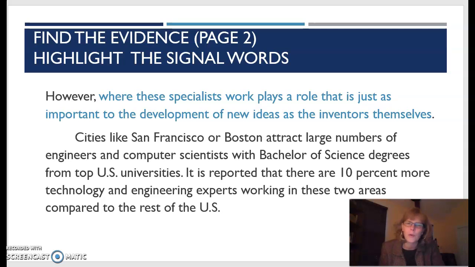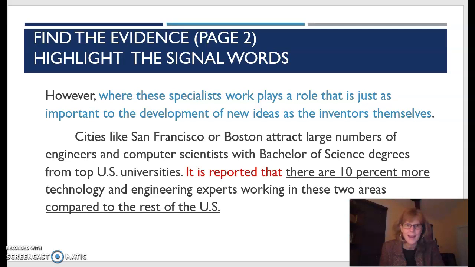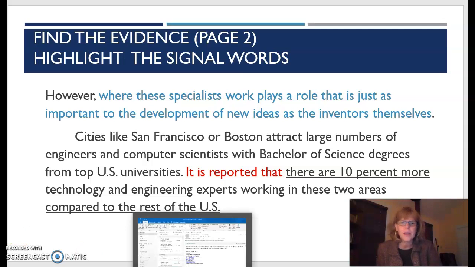Where are some signal words in that paragraph? So if you see it is reported that, you got it. That's the signal word this writer used to introduce data, to introduce evidence, to support, right, the writer's position that location is important, working in 2 specific areas.